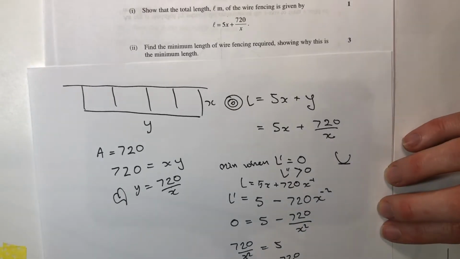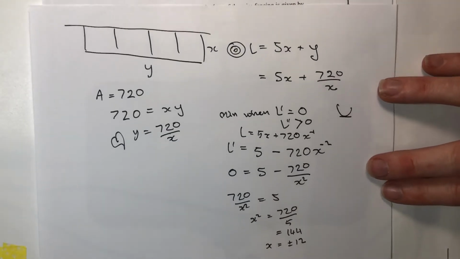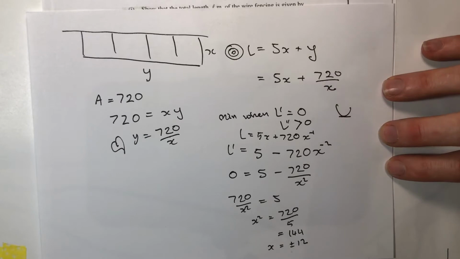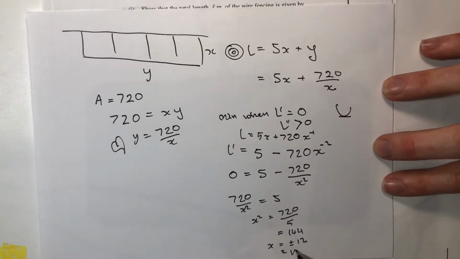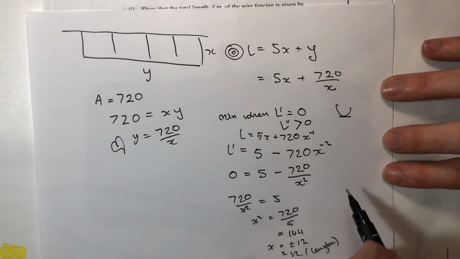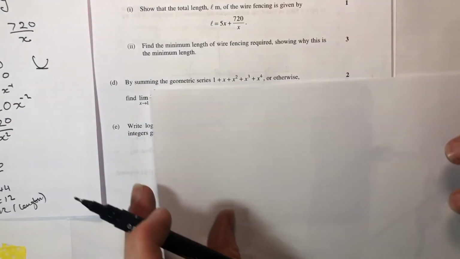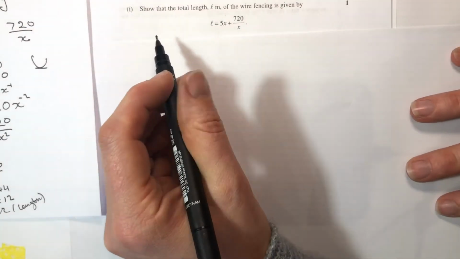If x squared equals 144, x equals plus or minus 12, because that's the square root of 144, which equals 12 because it's length, no negatives. And we've just got to do a double check, which of course you would use more paper and scroll it along in your book.